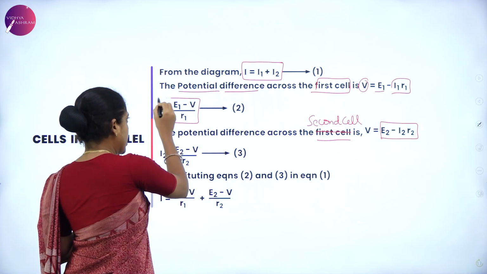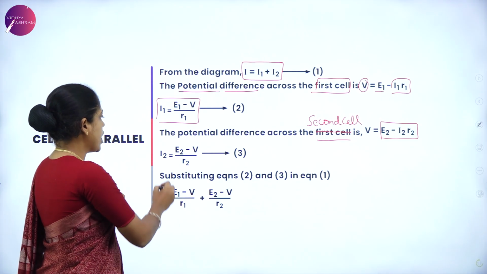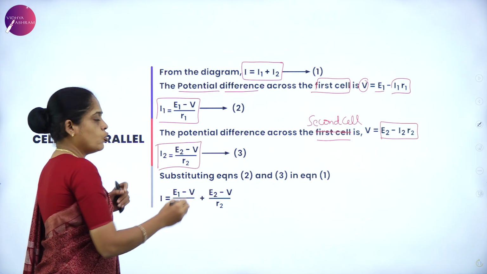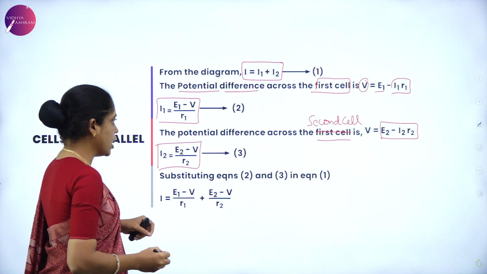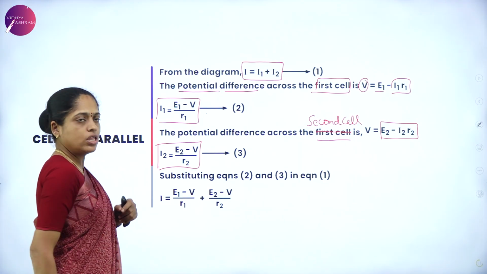Then I have I1 as (E1 minus V) by R1 and I2 as (E2 minus V) by R2. Consider this as equation 2 and this as equation 3.